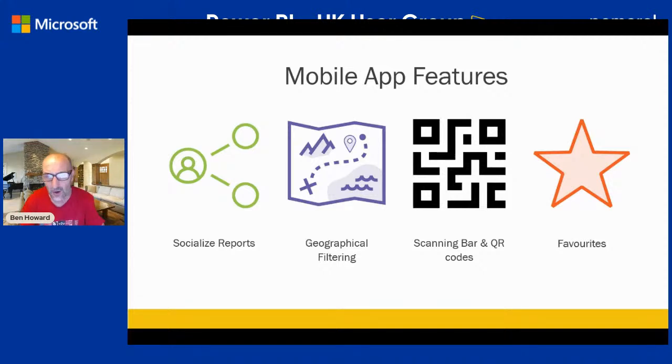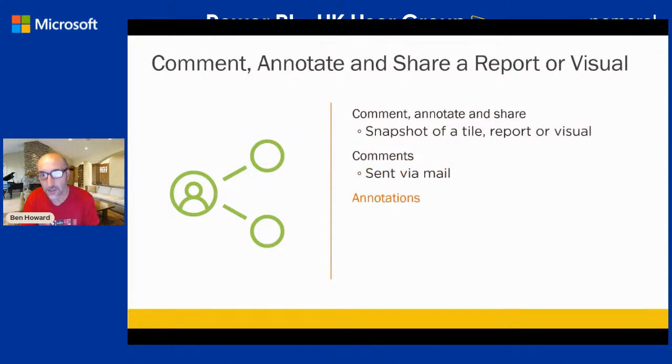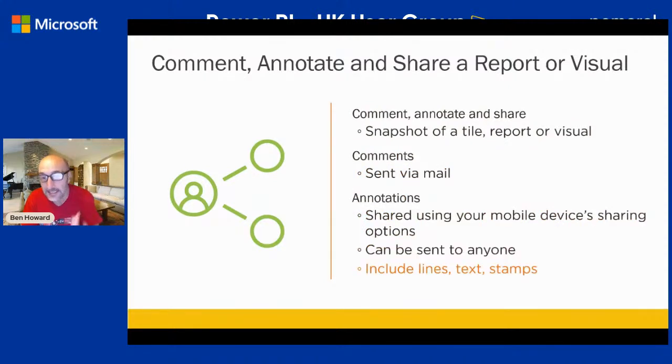Okay. So very quickly, let's just cover off these slides. How do we comment, annotate, and share a report for a visual? I'm not going to do another demo on this because we just kind of did it, but we can take a snapshot of a report visual. We can comment, annotate on it, send it any way we want. Okay. And that's just kind of neat. And there's a whole section on Microsoft Docs about what you can do for that.